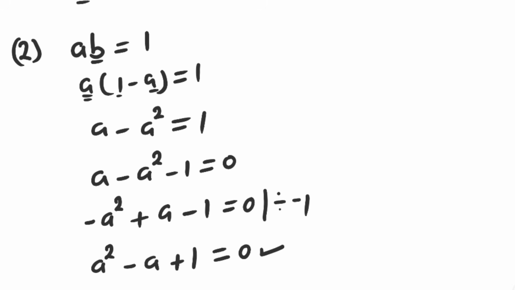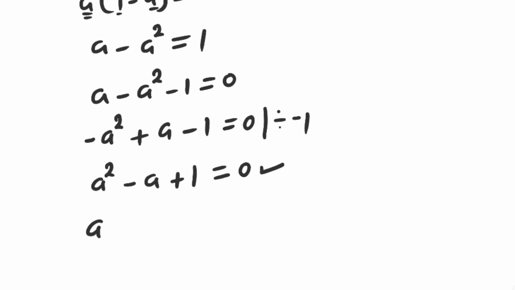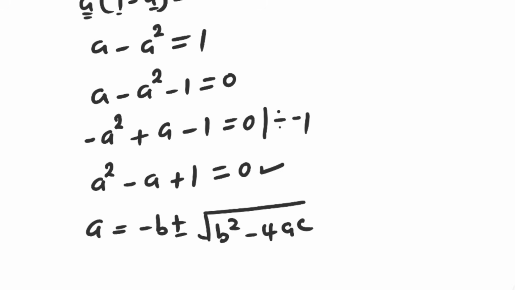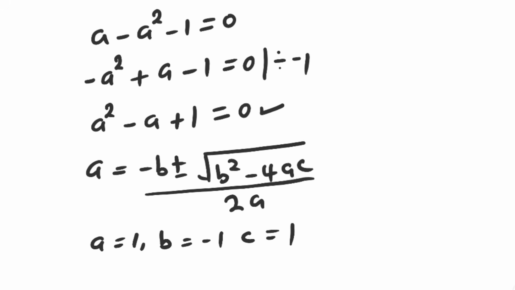And of course, this is a quadratic equation which can be solved using the quadratic general formula. The quadratic general formula is given as A is equal to minus B plus or minus square root of B square minus 4AC over 2A. From this equation, A is equal to 1, B is equal to minus 1, and C is equal to 1.